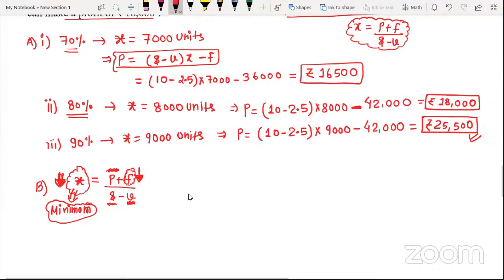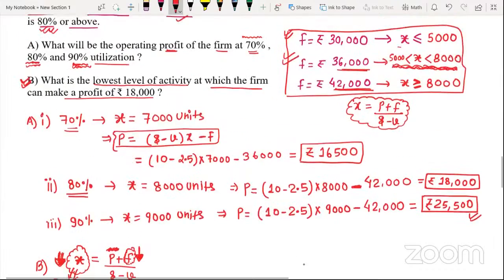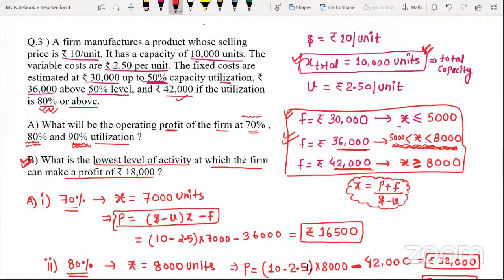Mathematically you can think like this. So the minimum value of f you will try to put. So what is the minimum value of f? The minimum value of f is rupees 30,000. You can see the minimum value of f is rupees 30,000. So you will directly put it and you will find the answer.